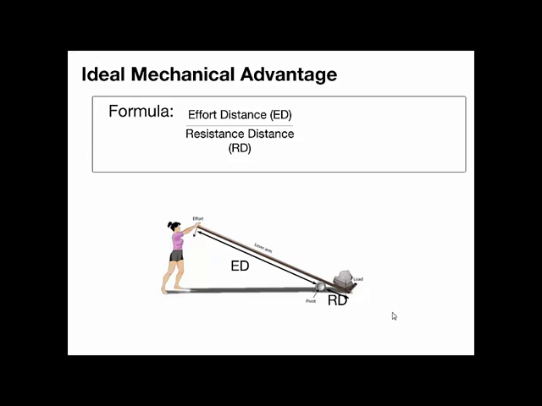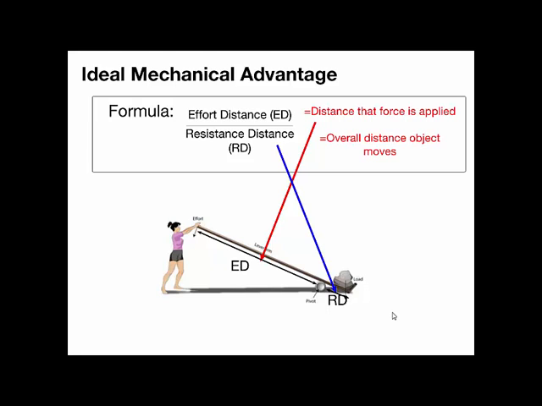It's going to only move up a small amount. Okay. So the effort distance is the distance that you apply the force, and the resistance distance is the overall distance the object is moving to where you want it to go.